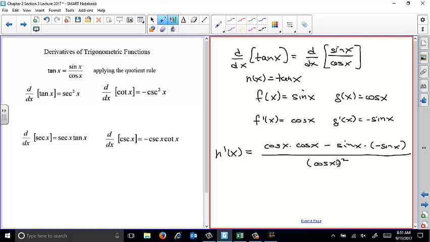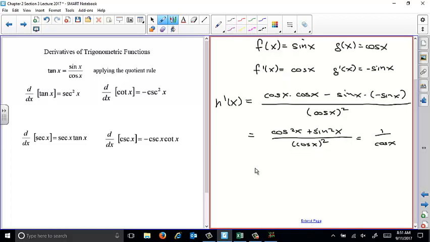In this case, you can simplify things because the numerator is going to become cosine squared x plus sine squared x divided by cosine quantity squared x. What's sine squared plus cosine squared? From trig identities, 1, yep. So the numerator is 1. And which function is 1 over the cosine of x?